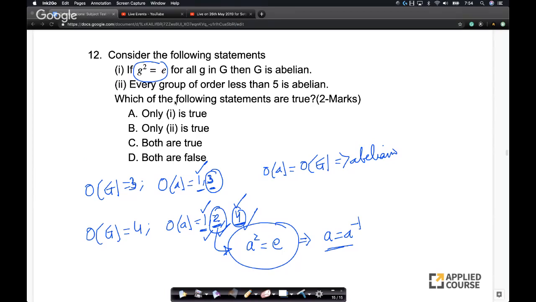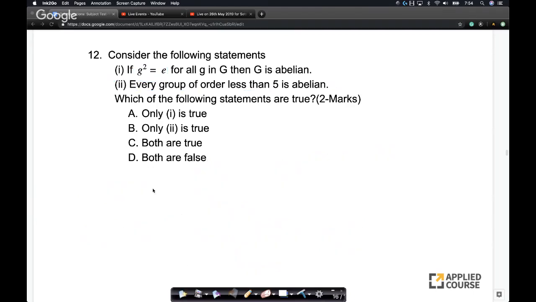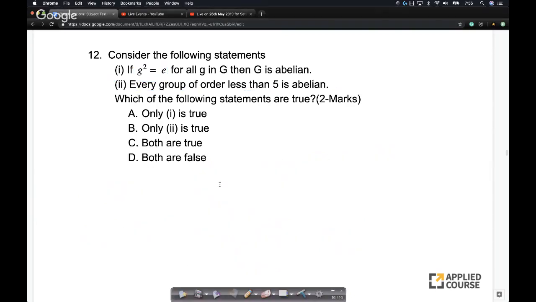This is actually a very interesting property which I've not mentioned in the course videos. It's a good property that every group of order less than or equal to 5 is always abelian. For 5 and above, you can't use this same trick. This is actually a good question, testing your knowledge of properties.